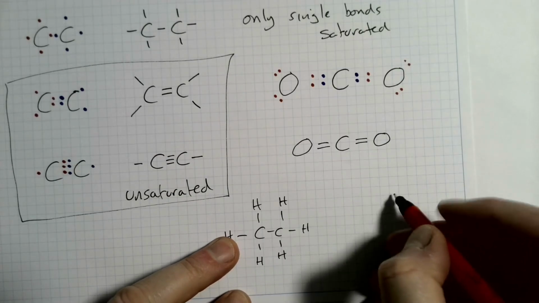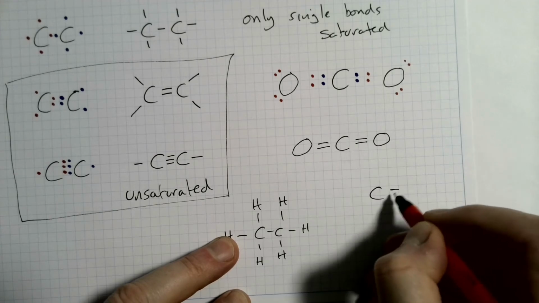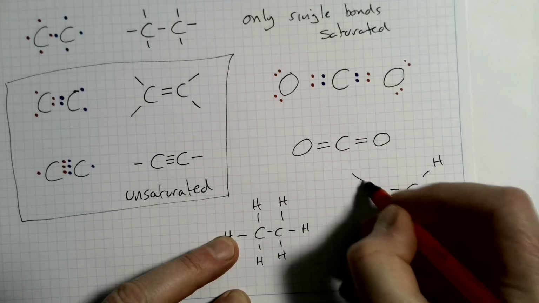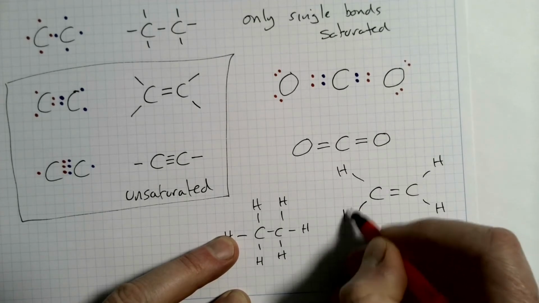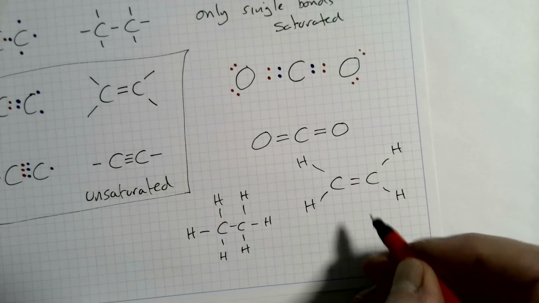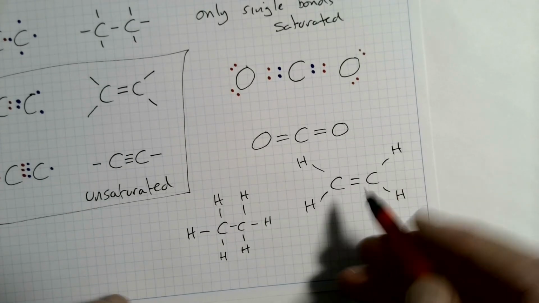Whereas if I take ethene, what I can do with this is I can break this bond and I'll get 2 free bonds, one on each carbon.